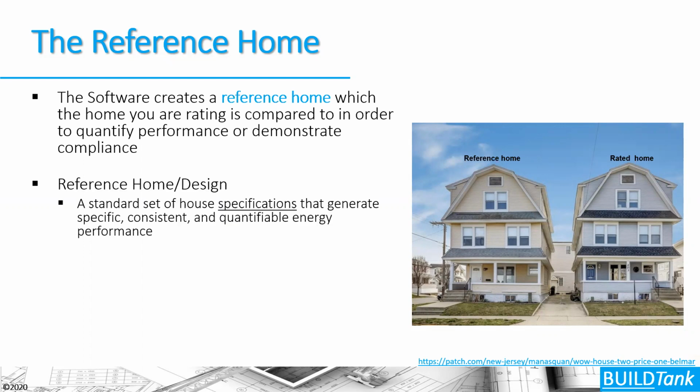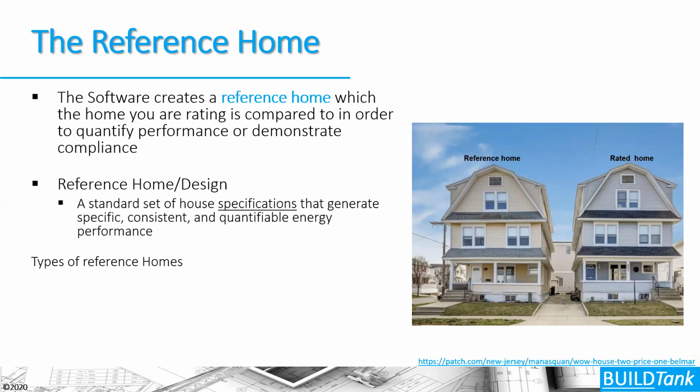Now, the reference home is defined as a standard set of house specifications that generate a specific, consistent, and quantifiable energy performance. So the reference home is built off of the code, actually the prescriptive section of the code. Those prescriptive R values and U values are overlaid onto the reference home components, and the rated home components are compared to that there.